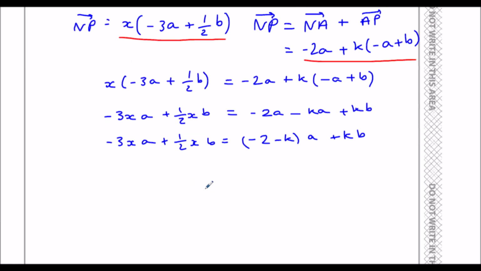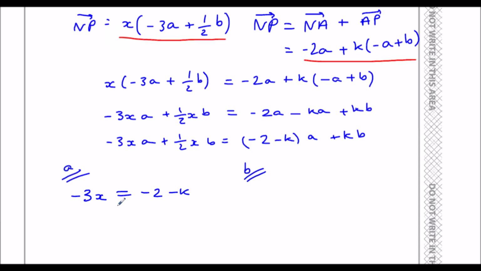So we've got the A's must be equal, and the B's must be equal. On the left side I've got minus 3x, and here I've got minus 2 minus k.